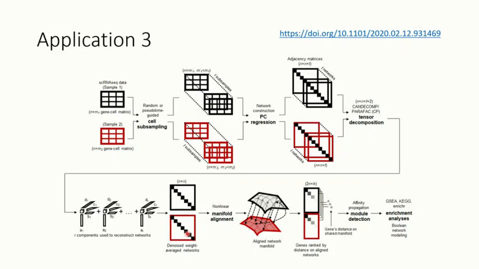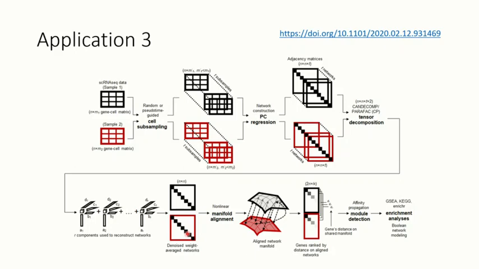Then we consider these two networks as each gene's properties defined by its interaction with other genes. Basically, this is a profile of each gene. Then we believe these two gene sets come from the same common manifold. So we did this manifold alignment to project the genes from the black and the red samples onto the same manifold.